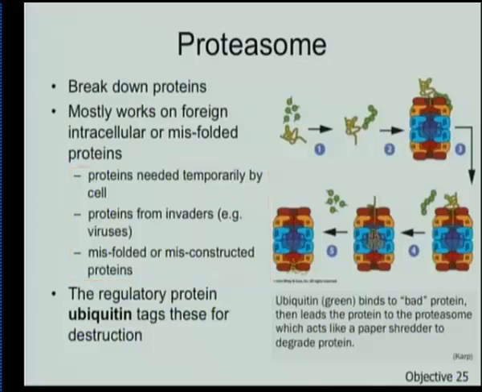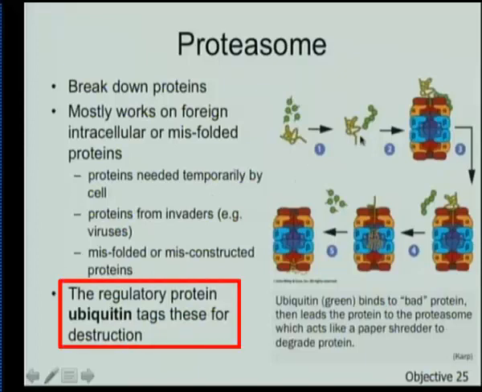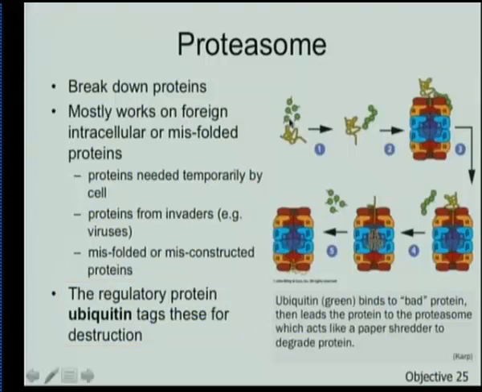What happens is that the misfolded, misguided, or foreign protein will first be tagged by a protein called ubiquitin. That's how the proteasome knows which one it needs to tear apart; it gets flagged. The proteasome then breaks apart that protein, and we can recycle those amino acids. And so that's the function of the proteasome.